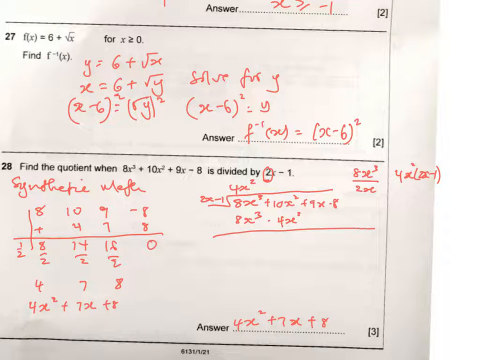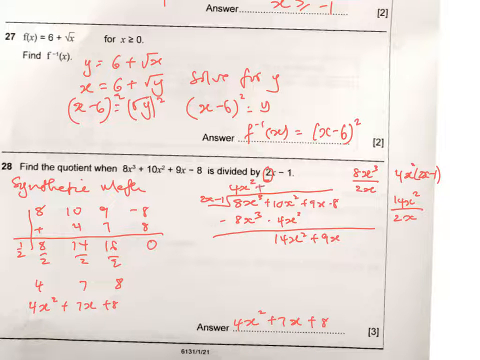Then you subtract. If I subtract, this gives me 0, and 10 minus negative 4 gives me 14x squared. Then I drop the next term, because I'm working with 2 terms, I should have 2 terms also.